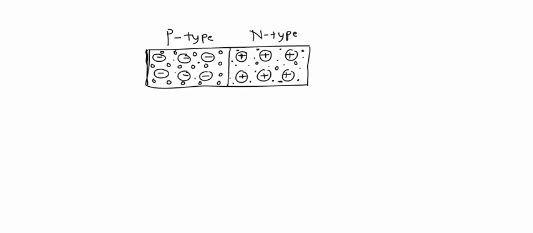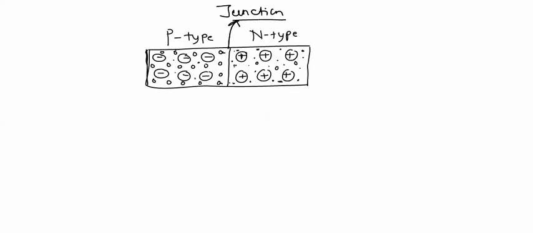As there exists a concentration gradient for holes between P-type and N-type semiconductor, and for electrons between N-type and P-type semiconductor, the charge carriers will cross the junction, which is the boundary between N-type and P-type.